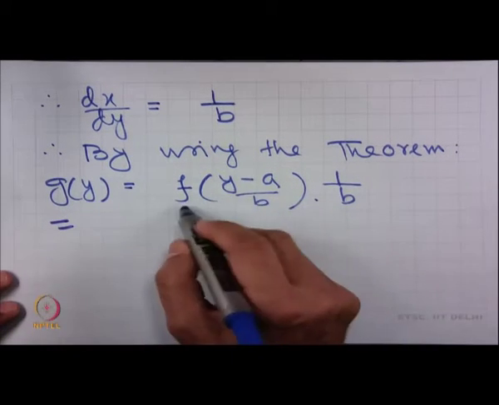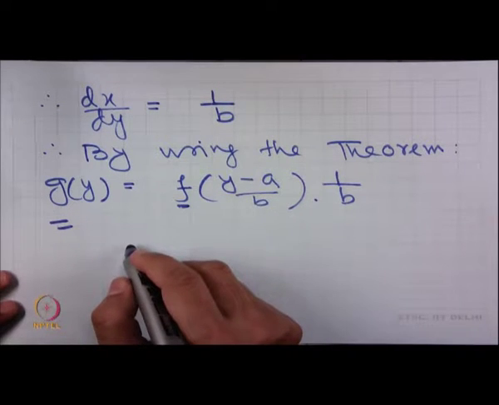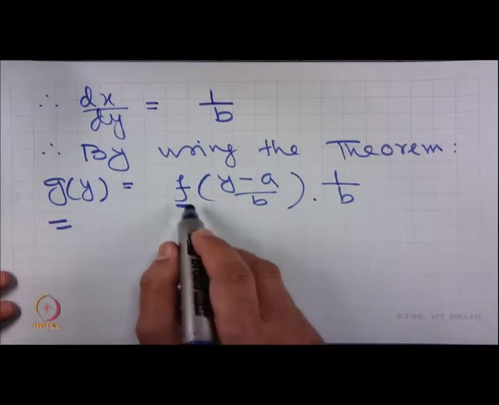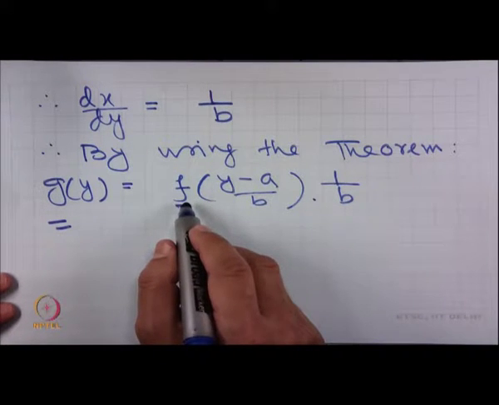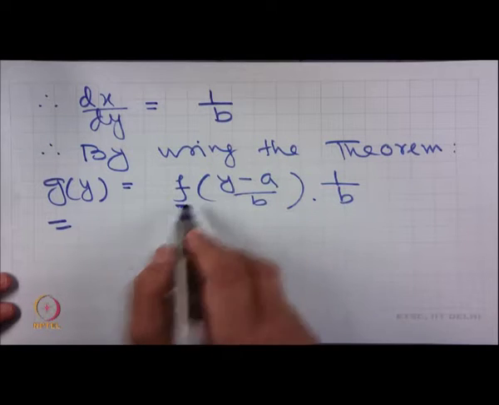Now, we know that f is the density of a normal variable with mean mu, variance sigma square.